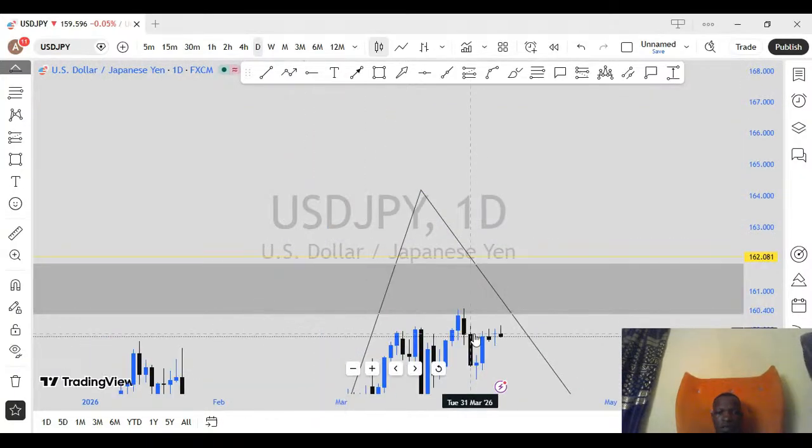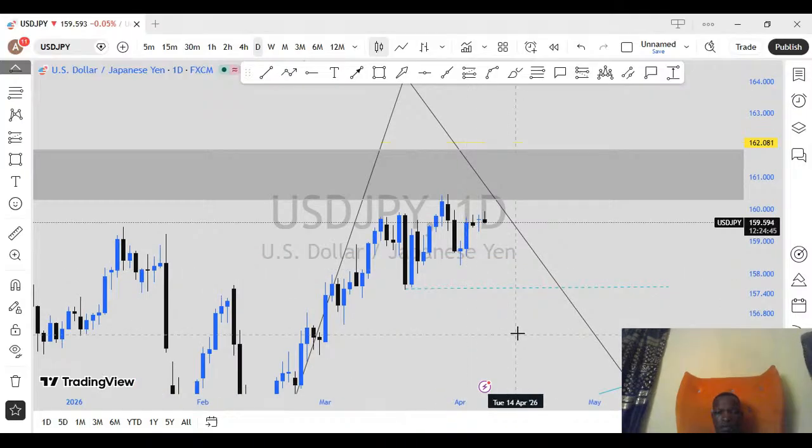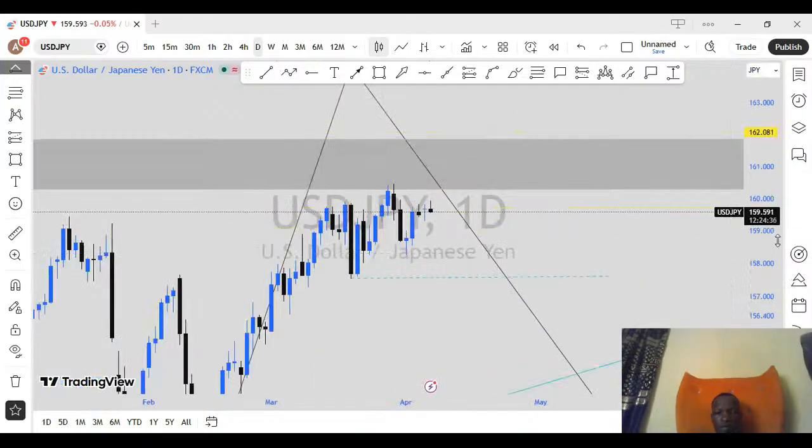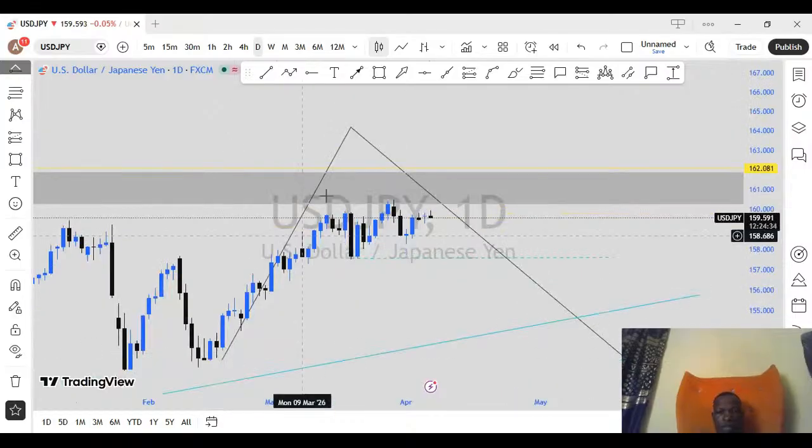Either it changes character here and gives us an entry, or it sweeps this external buy side liquidity before giving us confirmation. That's why I put all these direction arrows: either the market gives us a close as a contraction here, sweeps this place and closes back inside, or changes character and closes below this level.